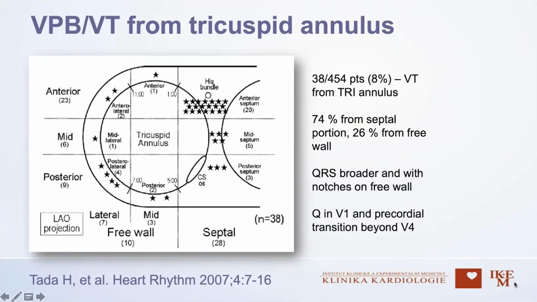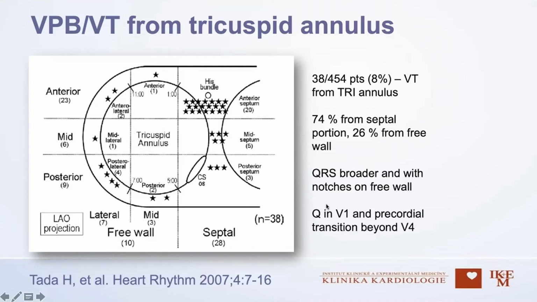Another area is the peritricuspid area or tricuspid annulus. And you see here in this paper, they found a lot of these foci in the septum or around the tricuspid annulus on the free wall. And septal location was more frequent, but these arrhythmias are broader with QRS, and they have notches on the free wall because it takes some time to go from this side and this side.